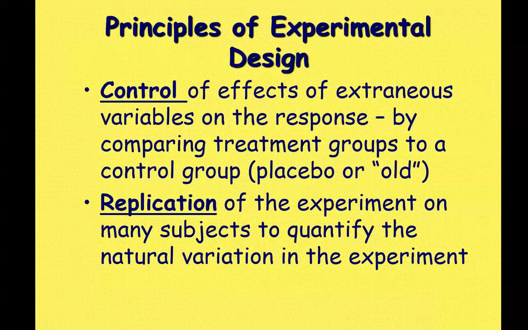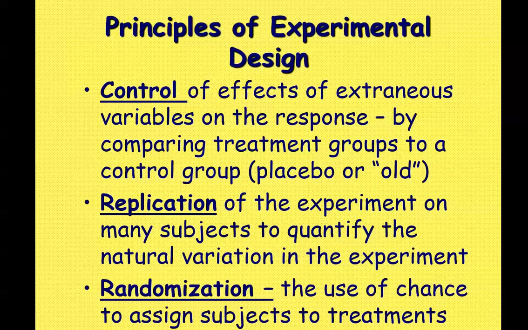Replication means that we can do the experiment over and over again and we should see the same results each time we do it. And then randomization is the last thing, and that's that you've randomly assigned subjects, so you don't get to pick who gets what. You've taken yourself out of the mix, and it's just due to random chance to have any sort of control. So any good experiment is going to have these 3 particular topics in it.